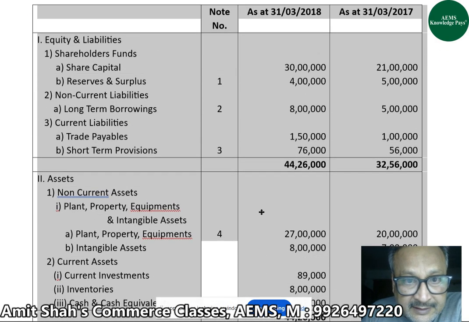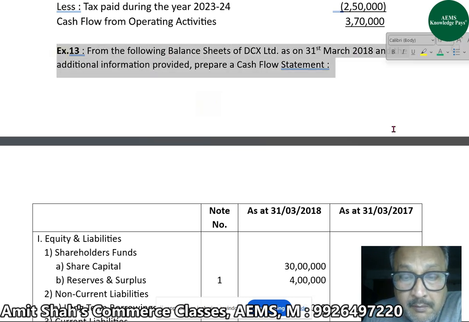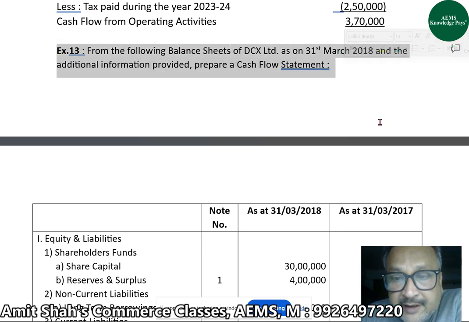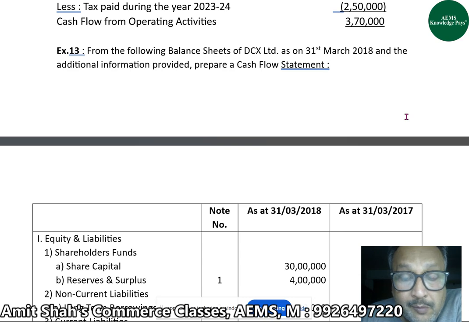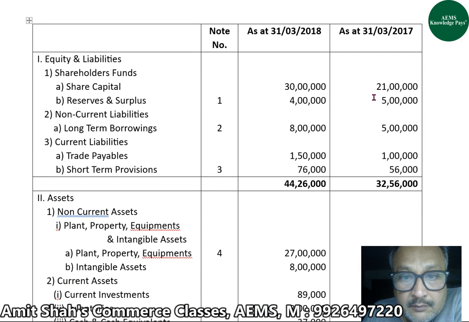Please note down this, guys, starting from here. Example 13. This question was asked by CBSE in the year 2019. Yes, sir.